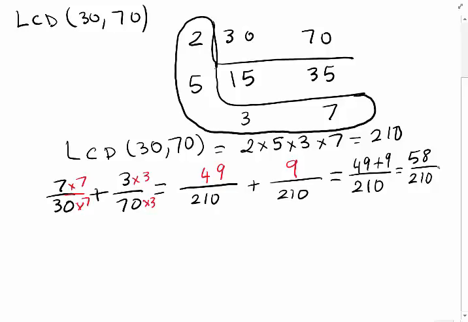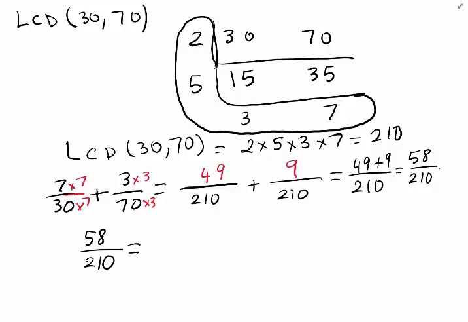So the question is, can we reduce the answer of 58 over 210? Let's see. The question is, do 58 and 210 have a greatest common factor other than 1? Well, notice I can write 58 as 29 times 2, and 210 is an even number as well, so I can divide it by 2.